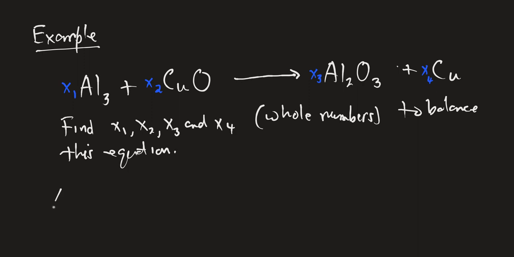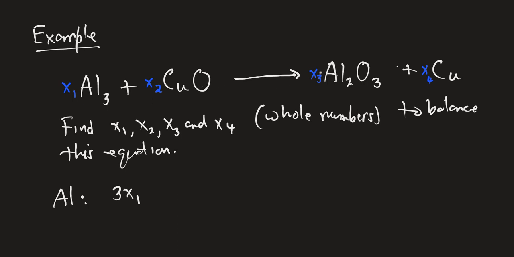Let's start with Al, aluminum. On this side, because of that subscript 3, we have 3 times x1 of the Al. There is no Al here, so it's like 0.